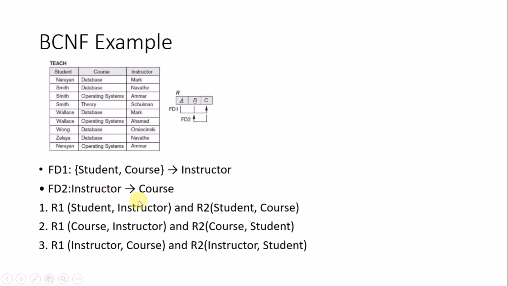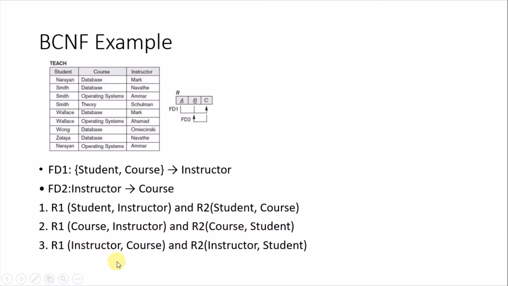These are different ways of decomposing this relation into BCNF. Some attribute will be set as the primary key, and we can use any one of these three.